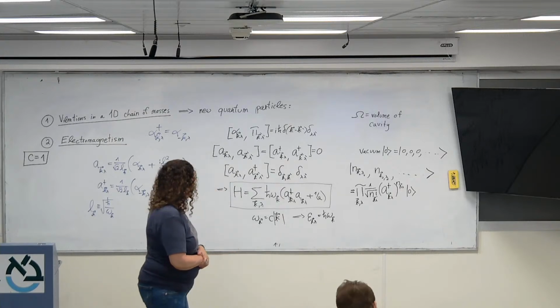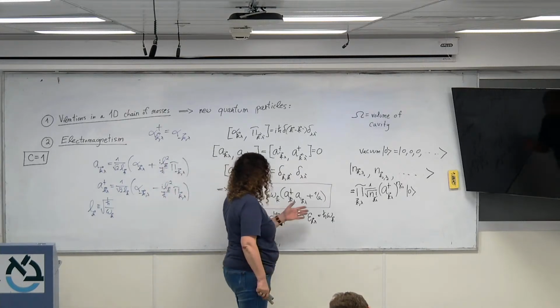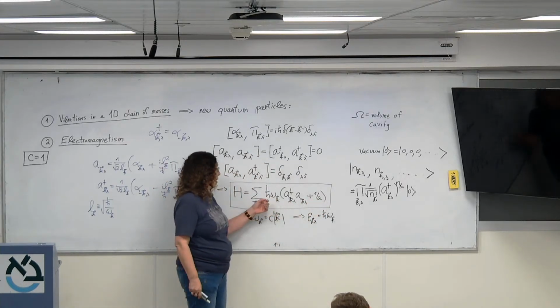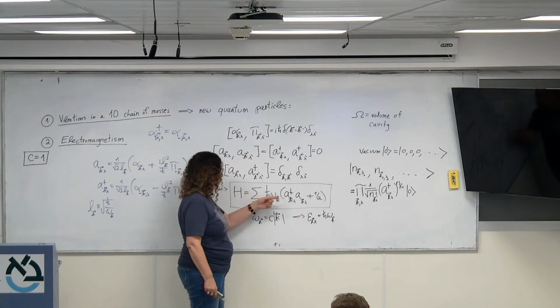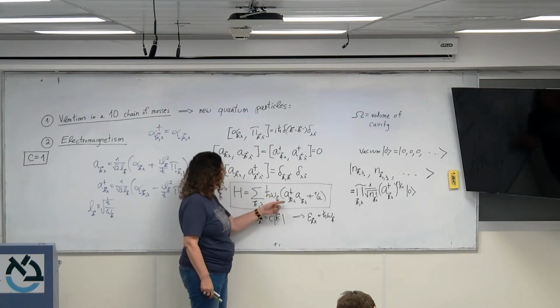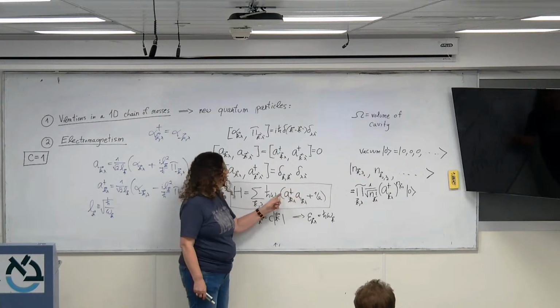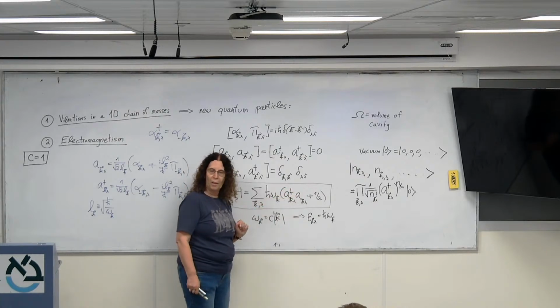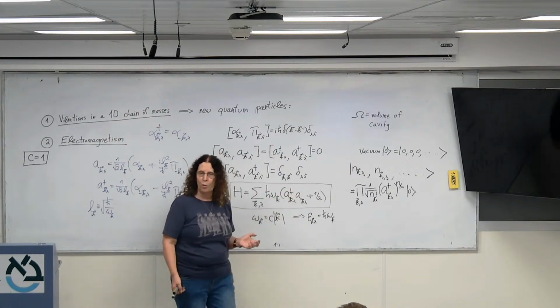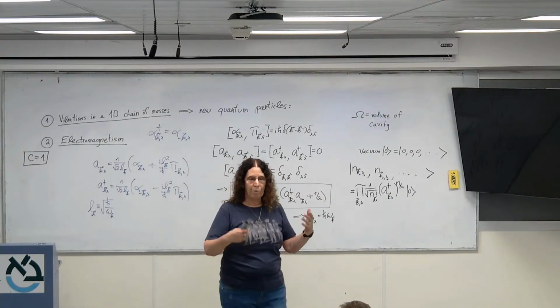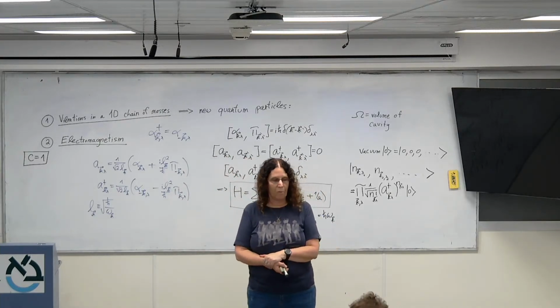Of course, the eigenvalues of this Hamiltonian will now have this replaced by n_k. So the more photons you have with higher frequencies, the more energy you have.